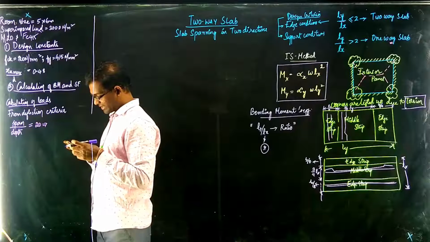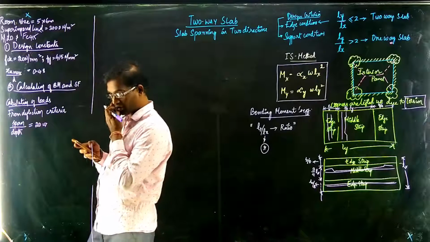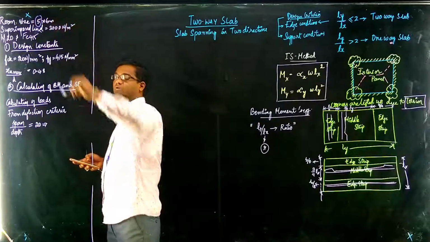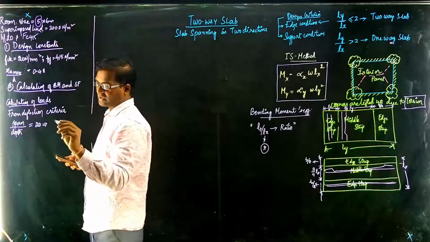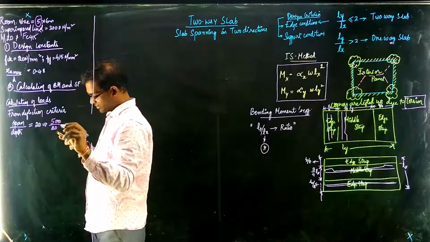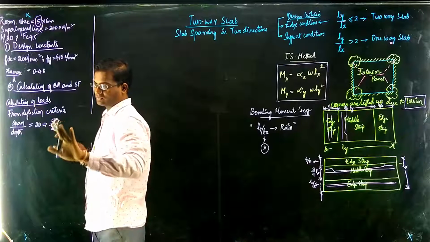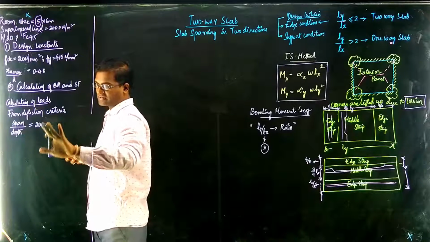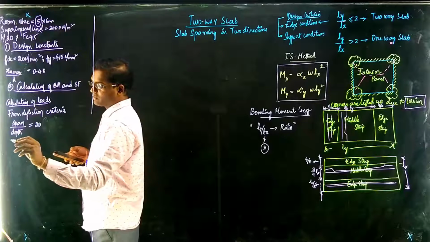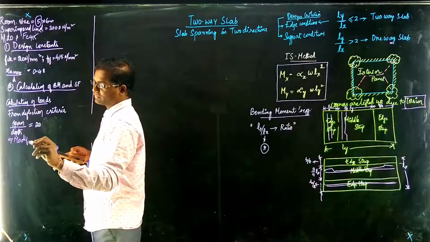Now we have two spans here, the longest span and the shortest span. It is always said to take the shortest span. Now I am taking the shortest span, 5000 divided by 20. Now in the IS code, we need to calculate a modification factor because this is a slab.